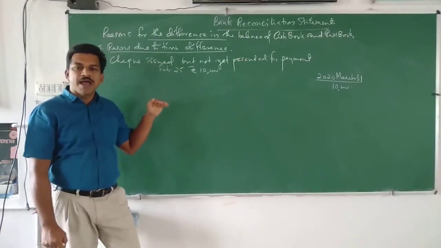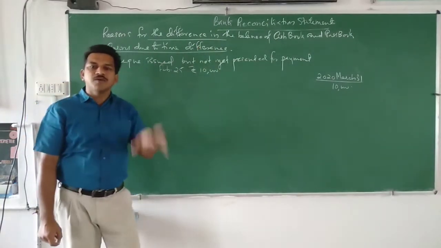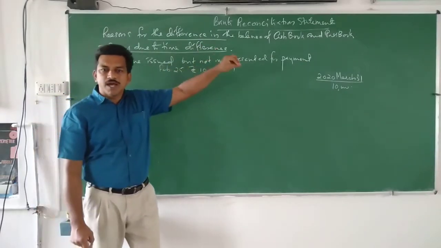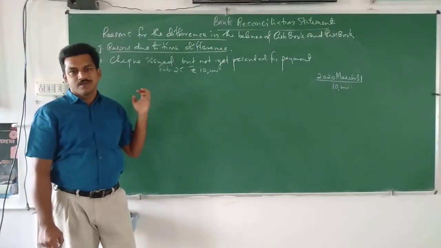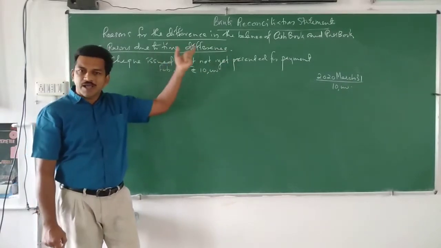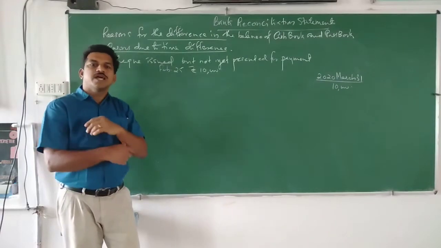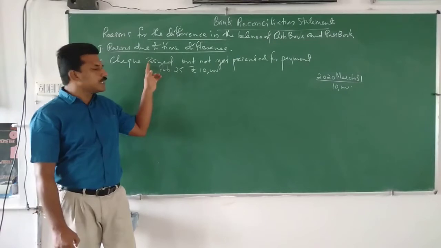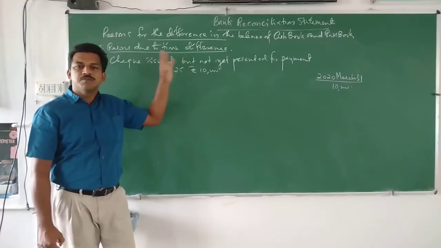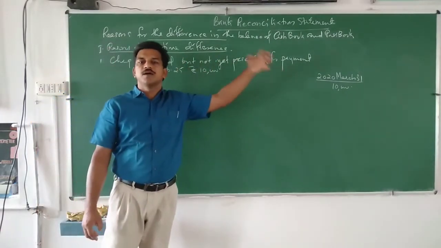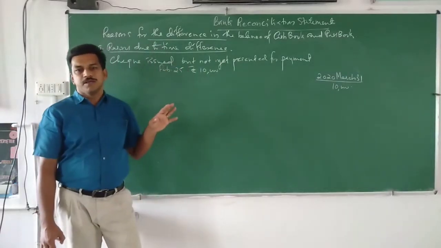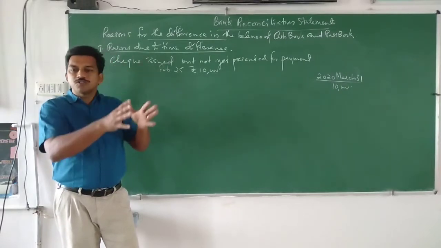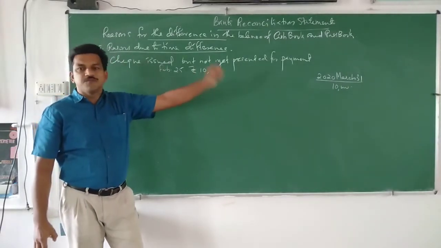So on the same day, the bank will not deduct the money. When will the bank deduct? When this customer brings the check to our bank and withdraws the money. But here the situation is that we issued the check, but our customer did not go to the bank and withdraw the money up to 31st March.